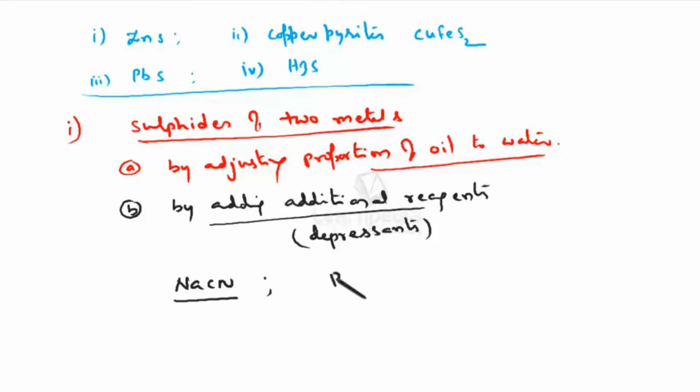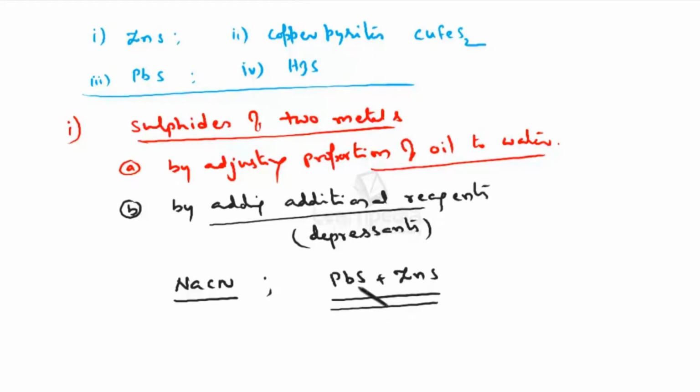Suppose we have a mixture of lead sulphide and zinc sulphide, both of which are sulphide ores. So we add sodium cyanide, which acts as a depressant. This depressant reacts with zinc sulphide and forms a soluble complex, Na2Zn(CN)4, on the surface of the zinc sulphide, thereby preventing it from forming the froth.